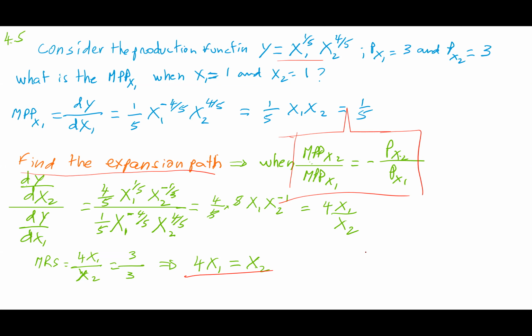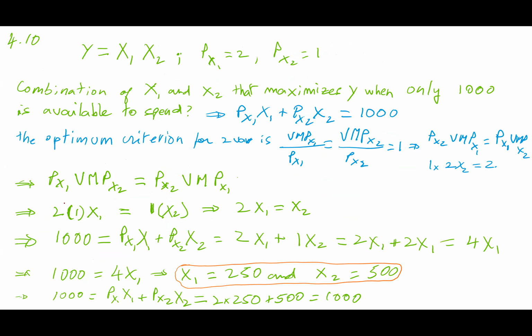And so we set up the derivative of each production output with respect to each input, and you set it equal to the ratio of prices. Here you are given that, and so the question here, however, is slightly different.